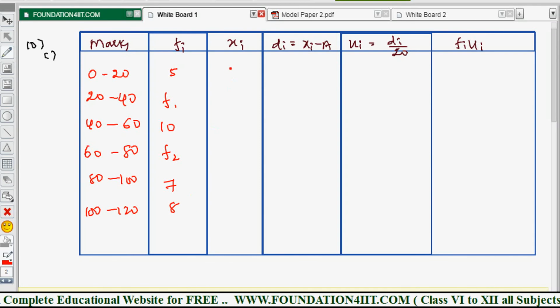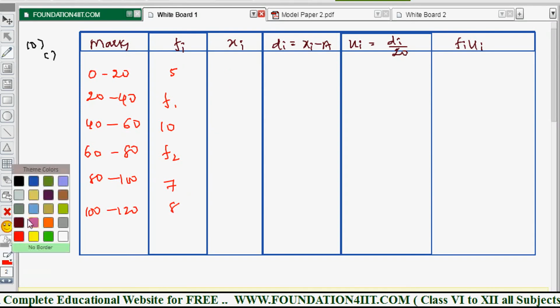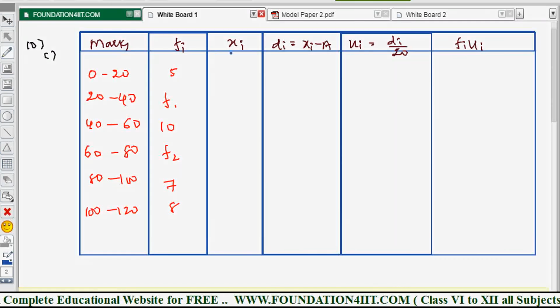Then the xi value, this we need to prepare. First two columns only are given. Now xi is the mid value: of 0 to 20 it is 10, of 20 to 40 the mid value is 30. So again 50, 70, 90, 110, right? And deviation. So let us assume one value.